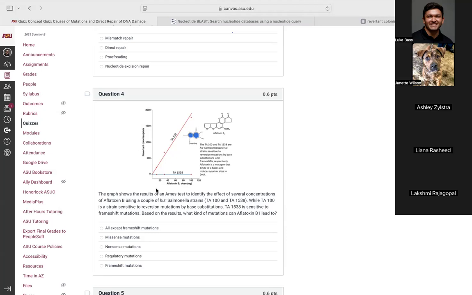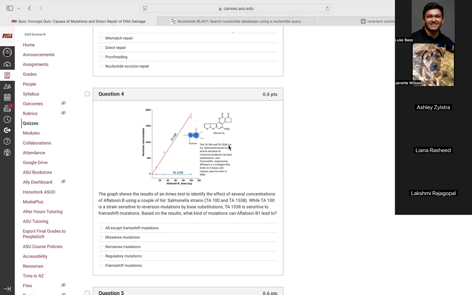The answer choice is all except frame shift mutations, but it's kind of a tricky question from the diagram. It's not like a normal graph where we can just deduce anything. So since TA100 looks like it gains its function back, the number of revertant colonies increases.